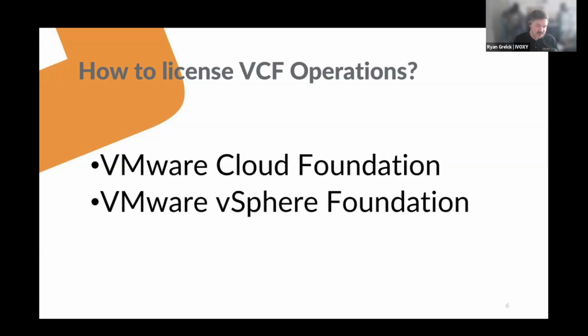So it'll come with automation, operations, network insight, log insight. Whereas if you were to get your VCF operations through VMware vSphere Foundation, that's a lower SKU, and that will only include VMware VCF operations and VMware Network Insight and the Aria Suite Lifecycle Manager.